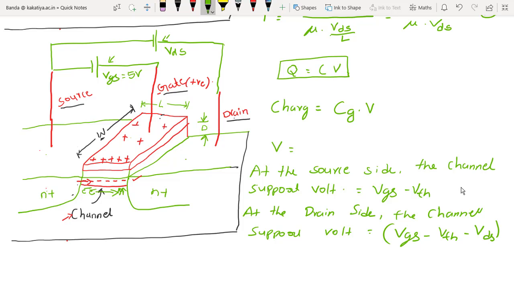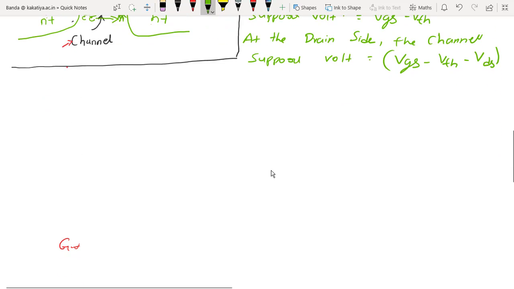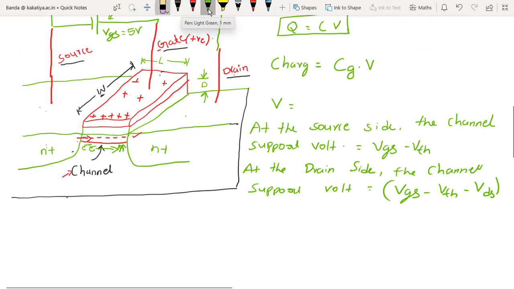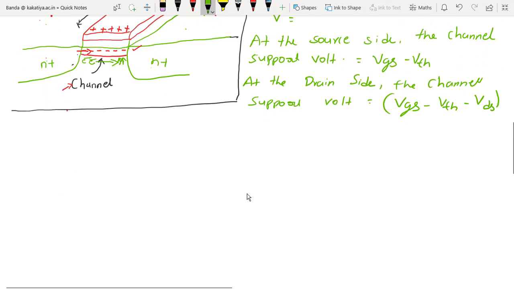So these are the effective voltages that we can have in the channel. Then we have to find out the average of these two voltages.